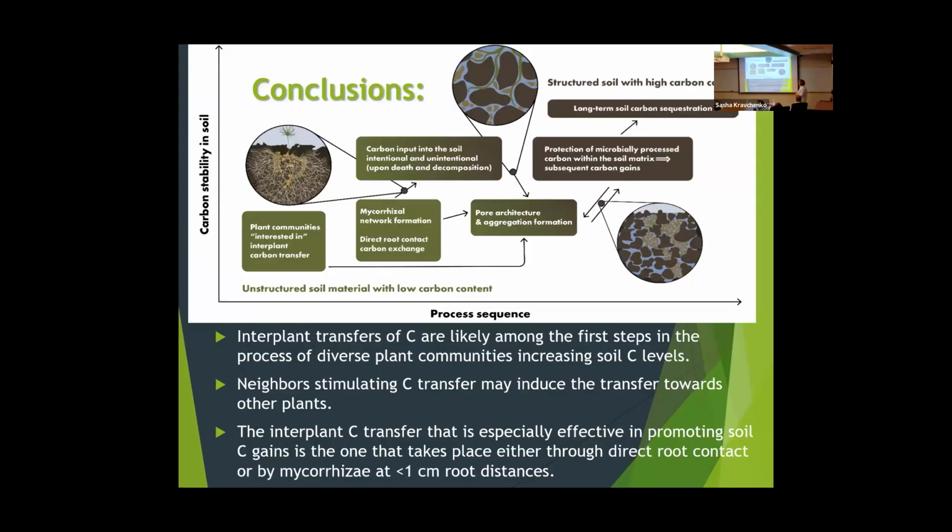So in conclusion, what we think this contributes to the understanding of how diverse communities impact soil carbon is that probably when there is a diverse plant community that is getting started, enhanced interplant transfers of carbon among the community neighbors are probably one of those first steps that gives the boost to soil carbon increases.